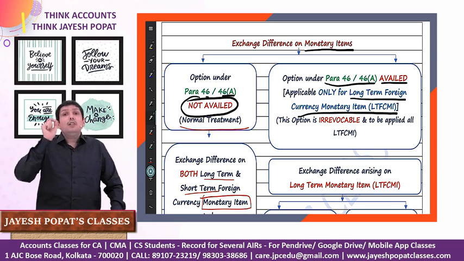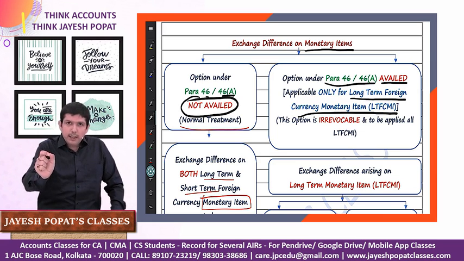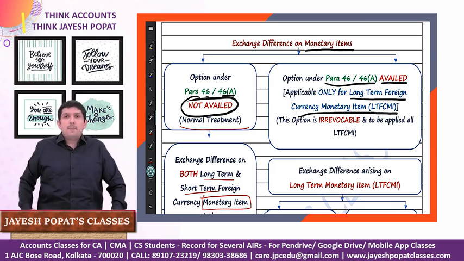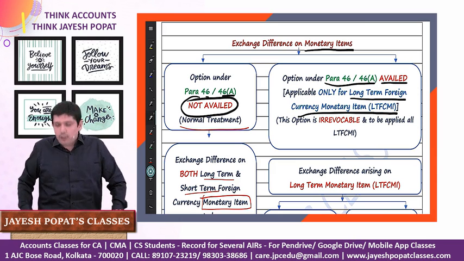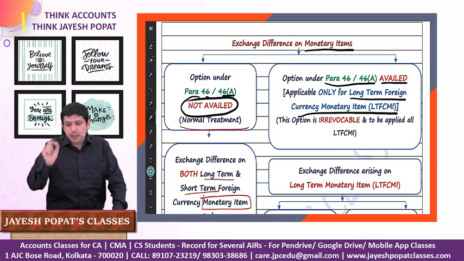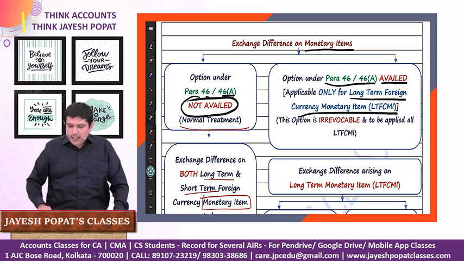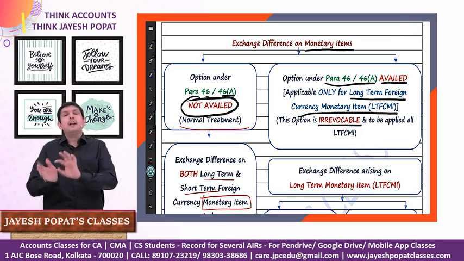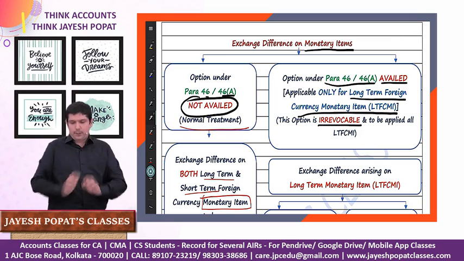If it is a long-term foreign currency monetary item, then you have an option either to go for a normal route or you can choose to avail option under para 46 and para 46A. So option under 46A is available only for long-term foreign currency monetary item, and it's an irrevocable option. Once you choose this route, you cannot go back to the normal route.